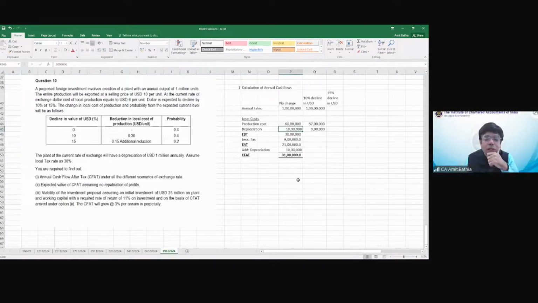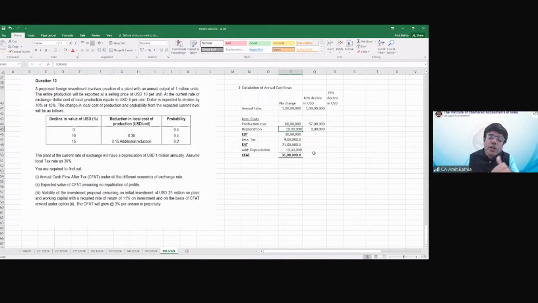And USD has depreciated. Say, for example, my local currency is rupees, so I'm looking at rupees to USD, or it could be any other currency. The investment I am making in another country is a proposed foreign investment, and the depreciation is a fixed amount of 1 million USD, 10 lakhs.